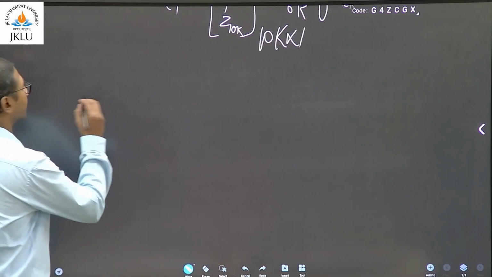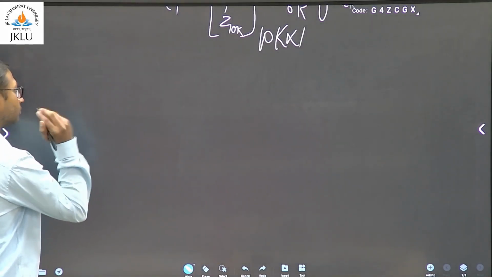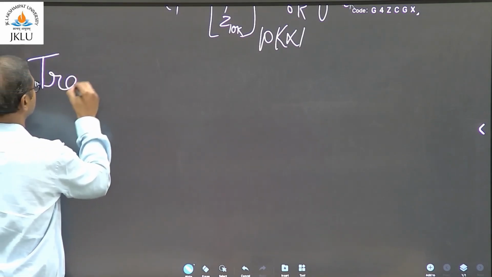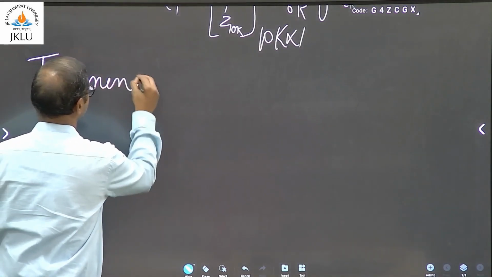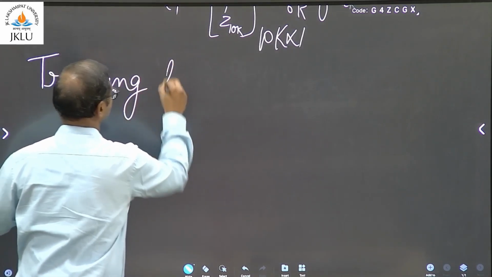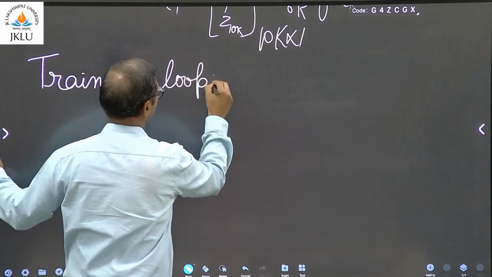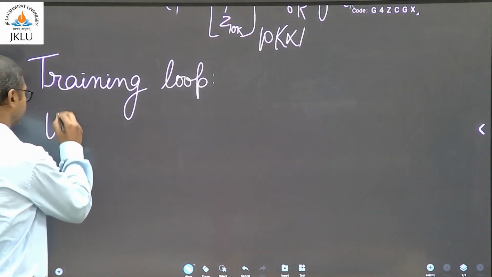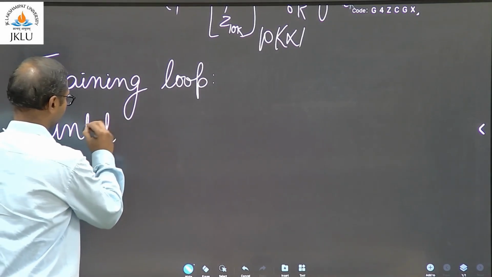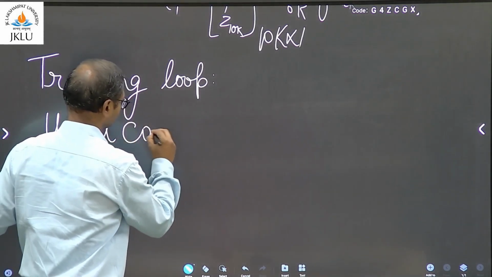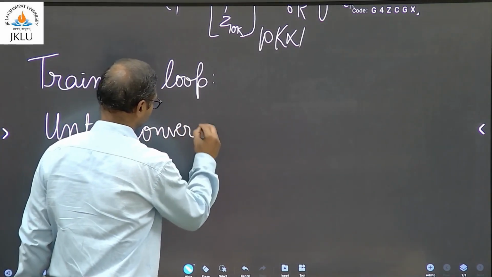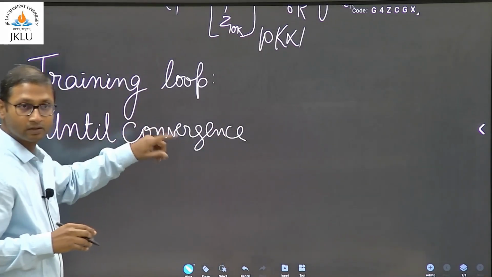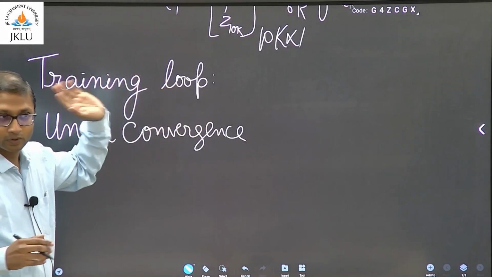so tell me those 4 lines, so tell me the training loop. Until convergence, and then we replace this with for epoch 1 to whatever number you want.